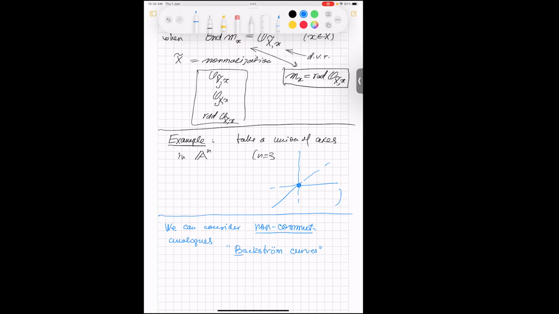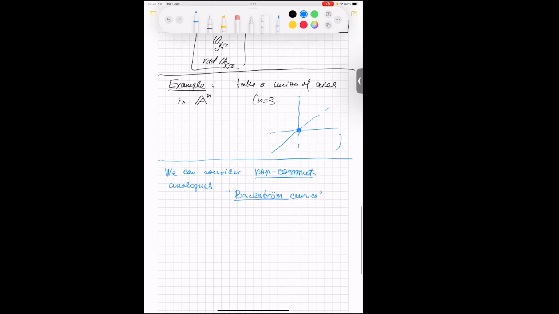Why Backström? Because Backström in his PhD thesis considered the local structure of such curves, or of local rings of such curves.